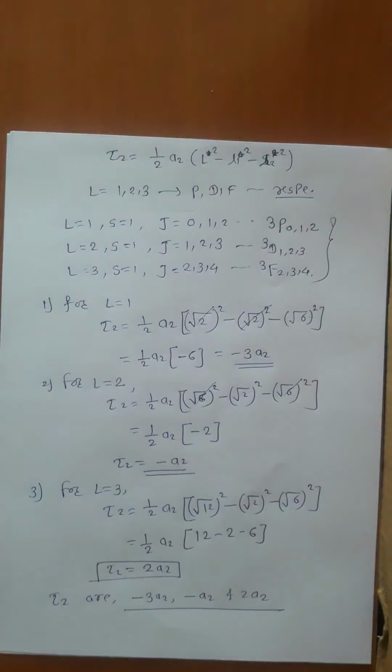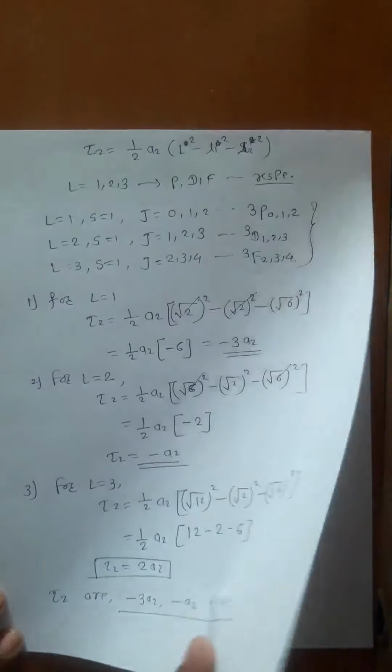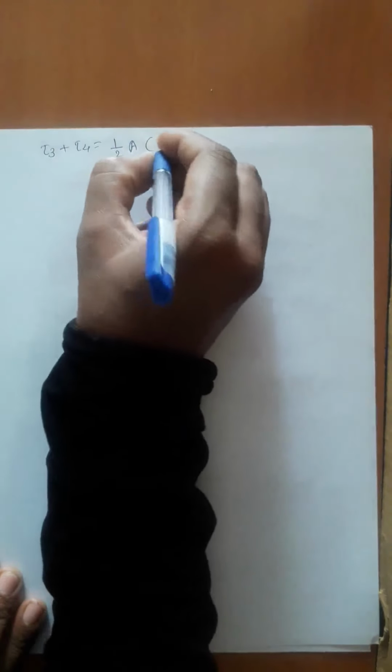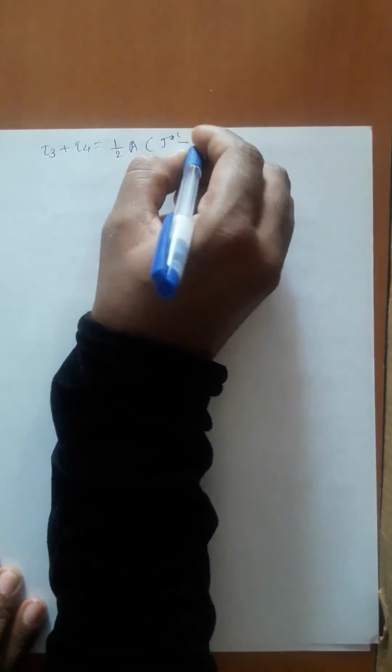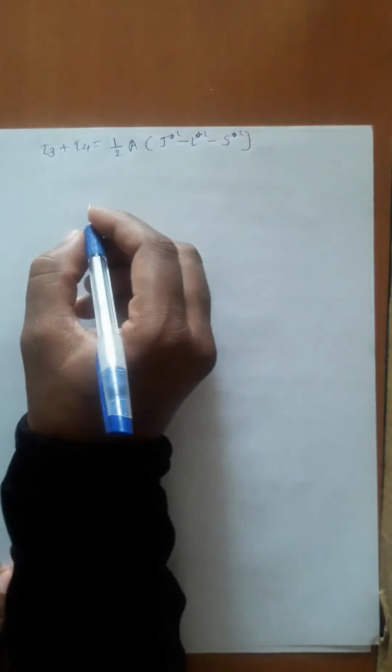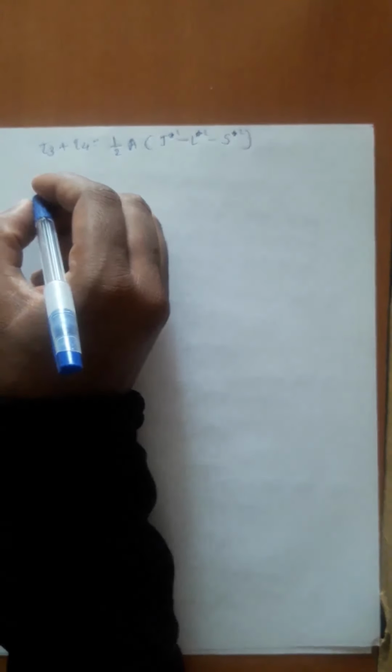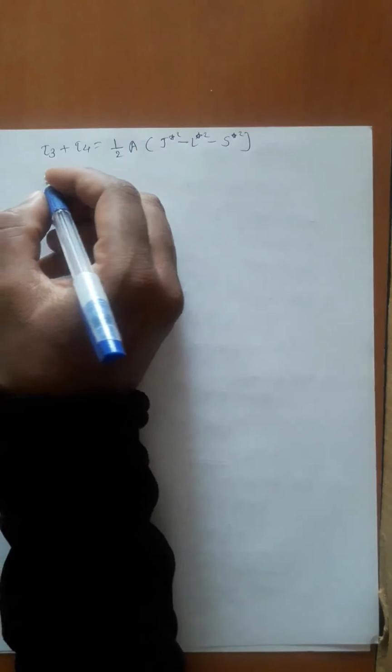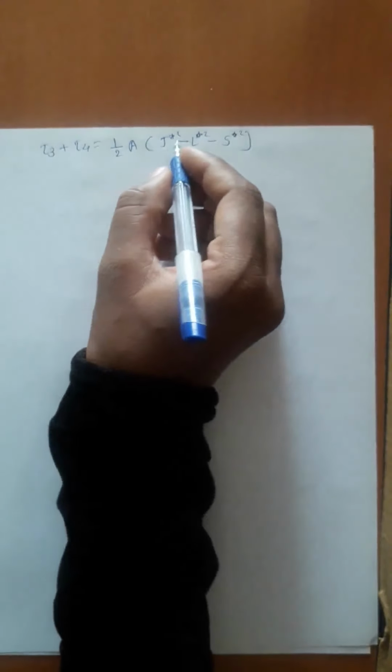Now we have to calculate the value of tau 3 plus tau 4. Tau 3 plus tau 4 is equal to 1 half a into j star square minus l star square minus s star square. Now j star square means what?